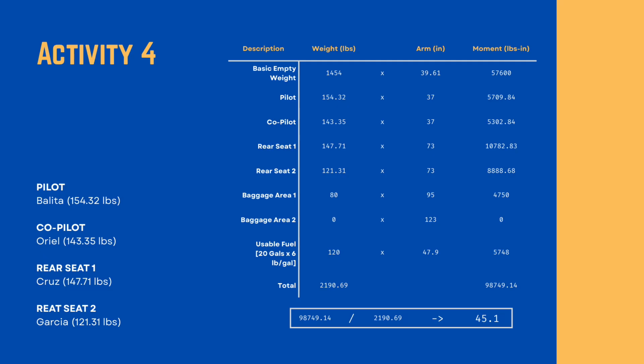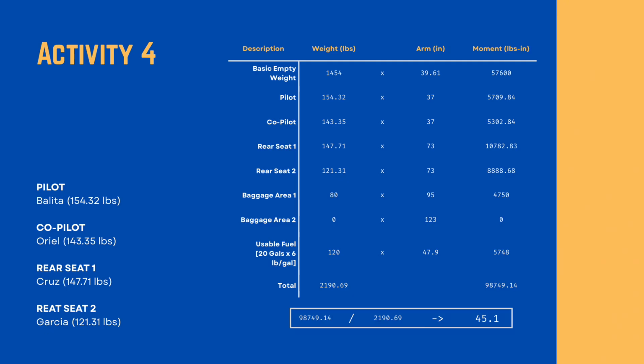He weighs 154.32. The co-pilot, Oriel, weighs 143.35. In the rear seat is Cruz, 147.71 pounds, and Garcia as rear passenger seat 2 weighs 121.31. So here are the weights.